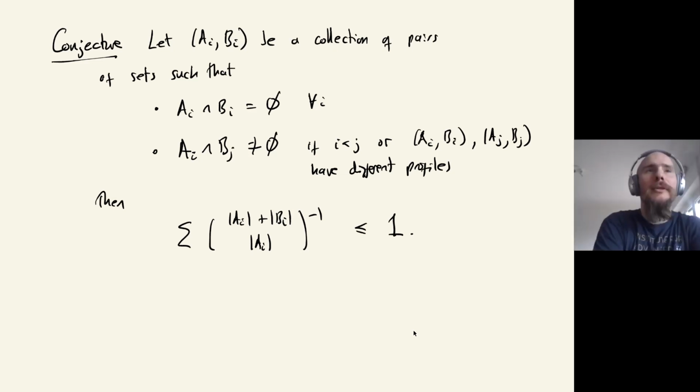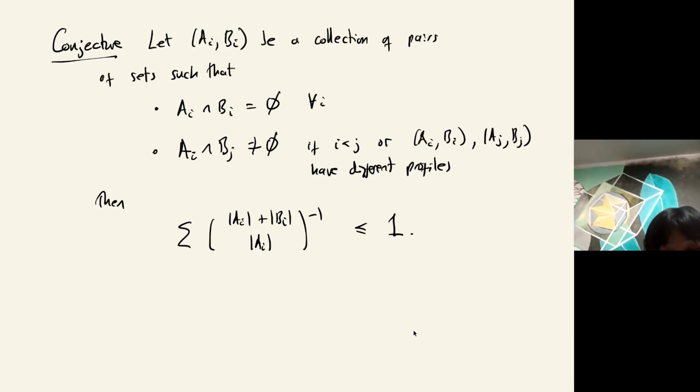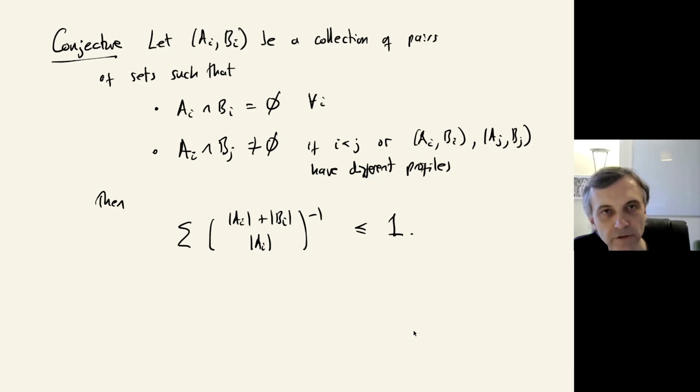So someone else? Which conditions do you think can be more relaxed? Or do you think it's exact for the two families? For the two families theorem, you mean?